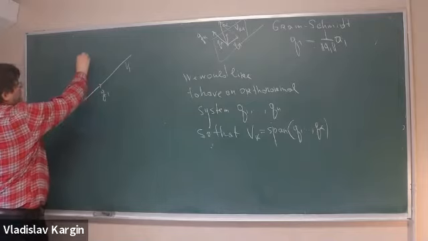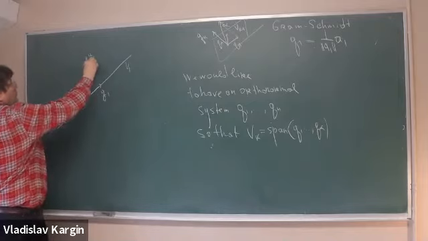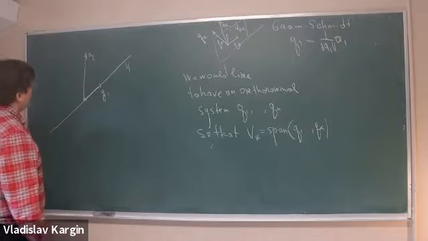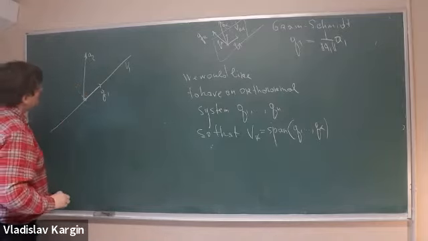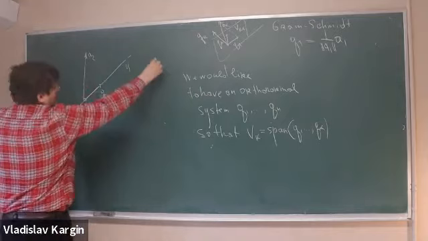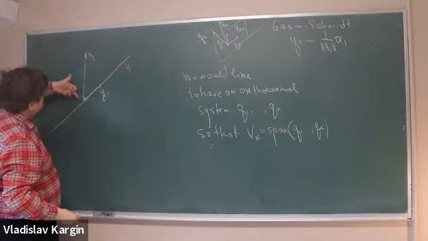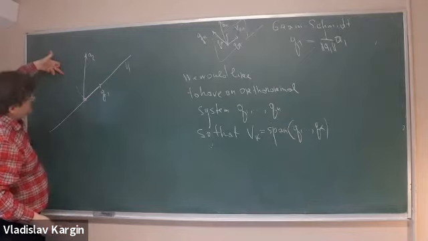Here you have A2, and you need to build a vector which would be in the same plane as A2 and Q1, perpendicular to Q1, and with unit length.